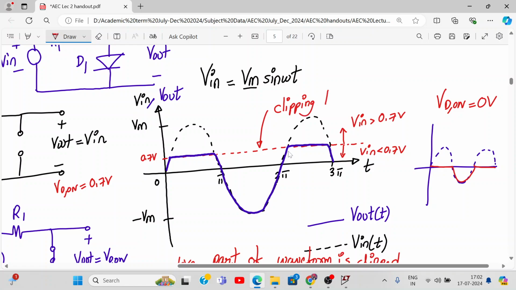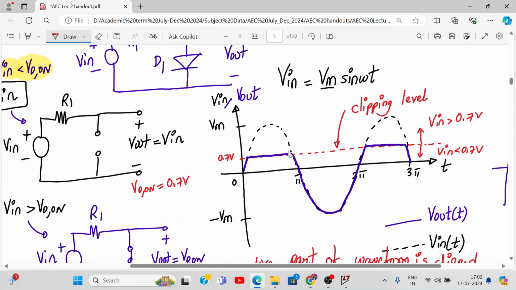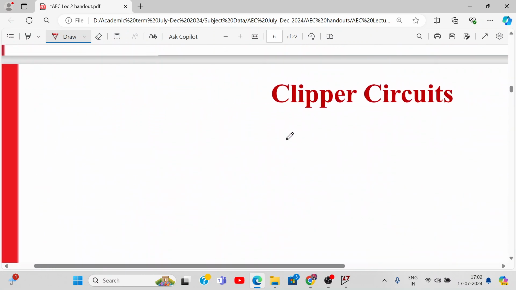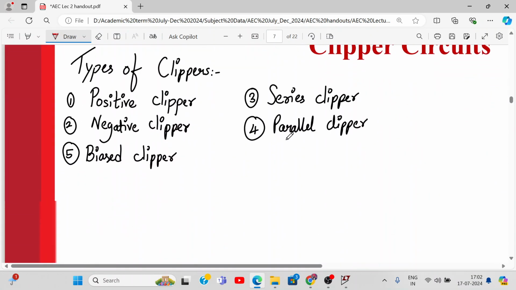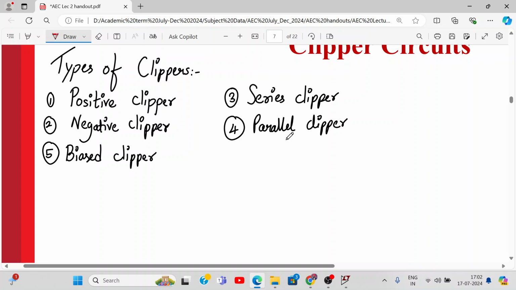To adjust the clipping level, we can add a battery to it. That is called a bias clipper.